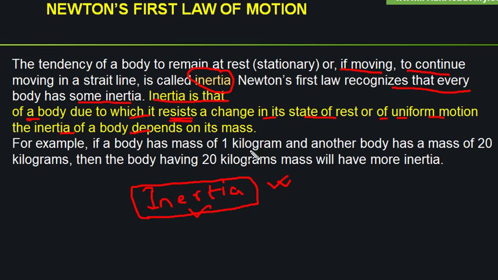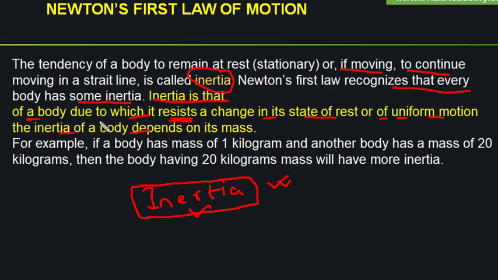We have seen what Newton's first law of motion is. A body will try to remain in its state of rest or in uniform motion unless and until an external force is applied to it. So that property of the object through which it resists any change is called inertia. So try to remember this.